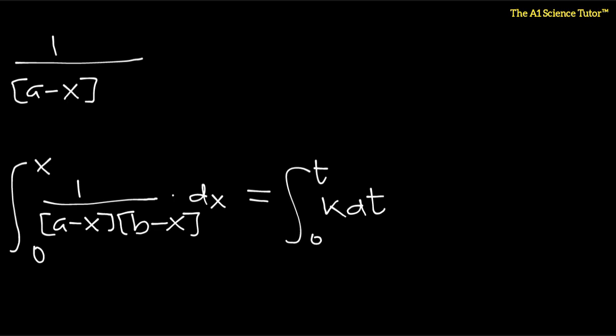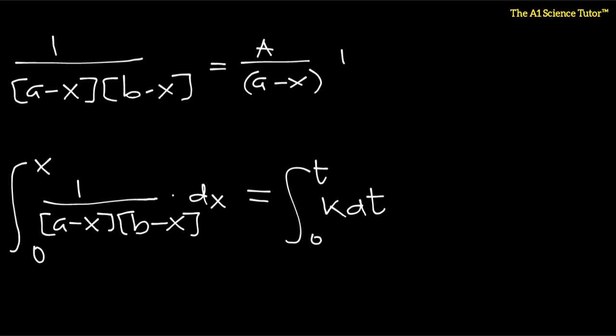So let me write x there. And then this is b minus x. If you had this, you could actually split this into partial fractions. That will be written as a divided by the first stuff, which is a minus x, and that will be added to one stuff, which should be on top, divided by b minus x.